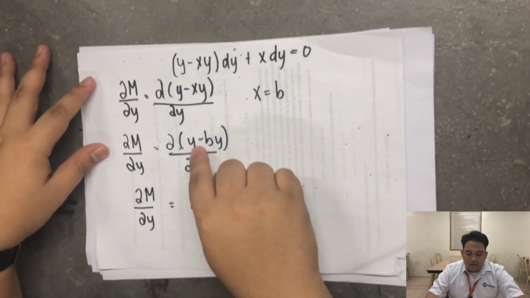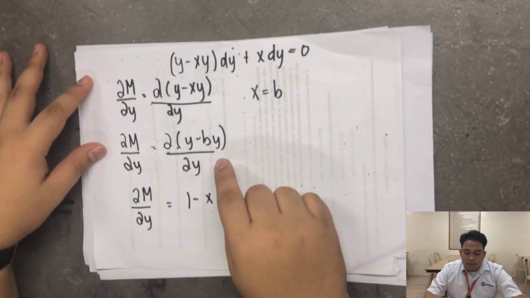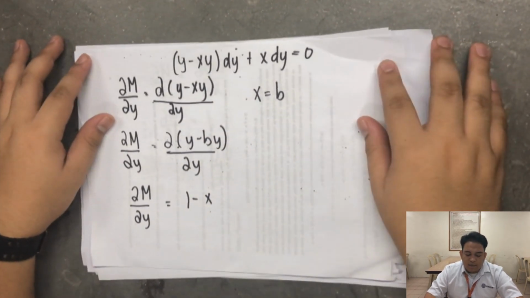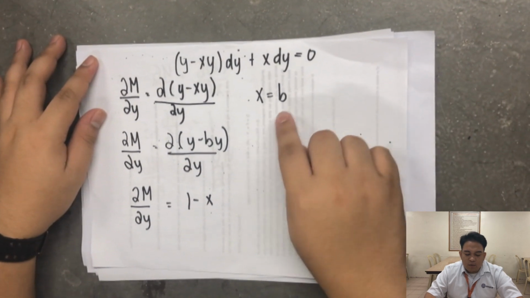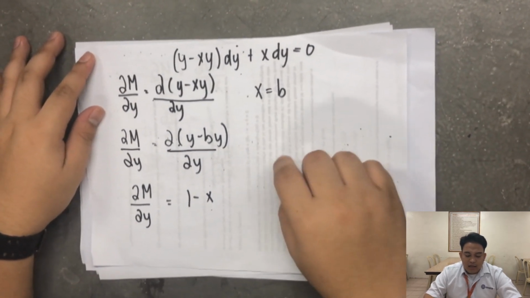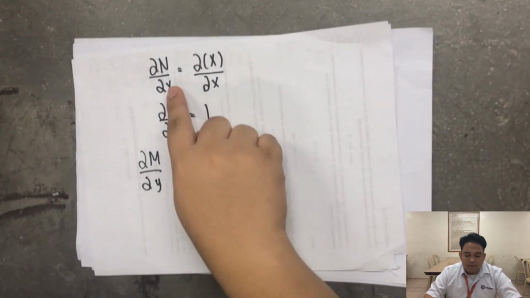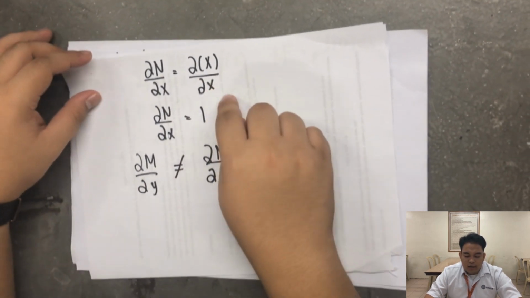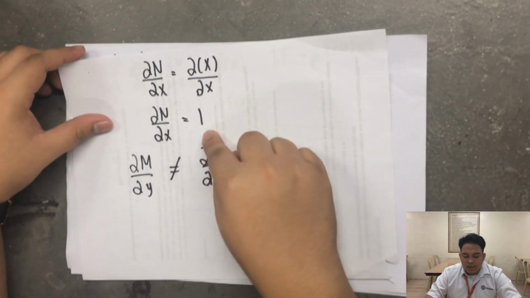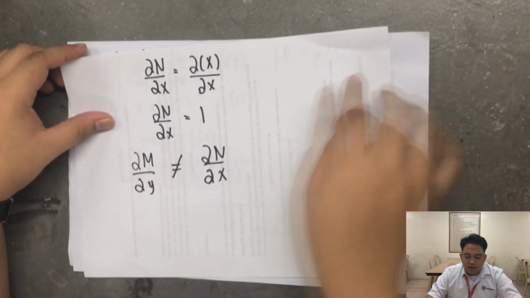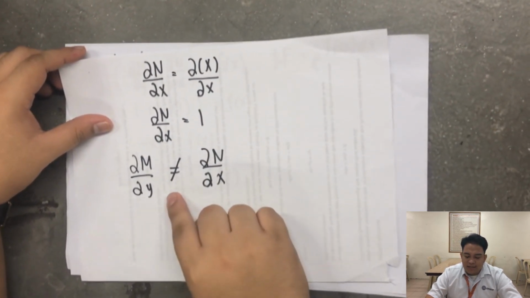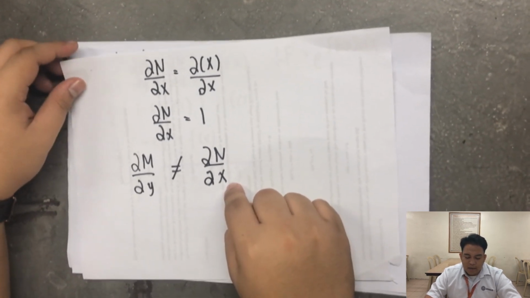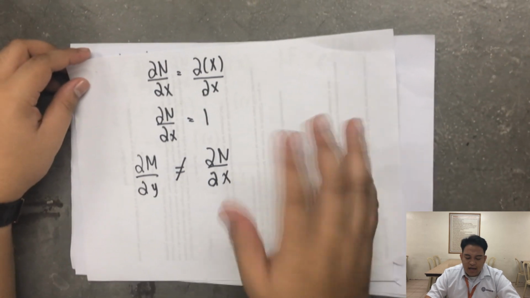The derivative of y is 1 and the derivative of xy with respect to y is x. Therefore, we get 1 − x. Then, the partial derivative of N with respect to x is the derivative of x with respect to x, so we get 1. Therefore, the partial derivative of M with respect to y is not equal to the partial derivative of N with respect to x. Thus, the equation is inexact.